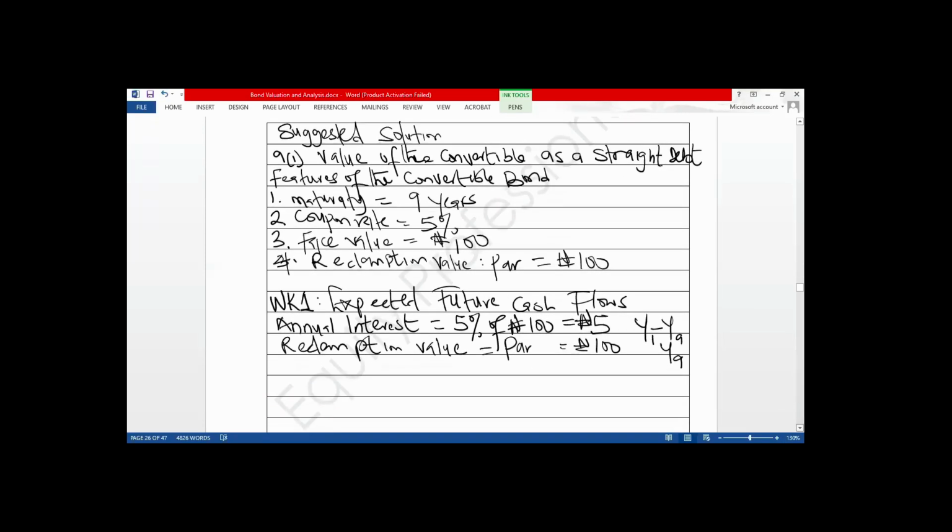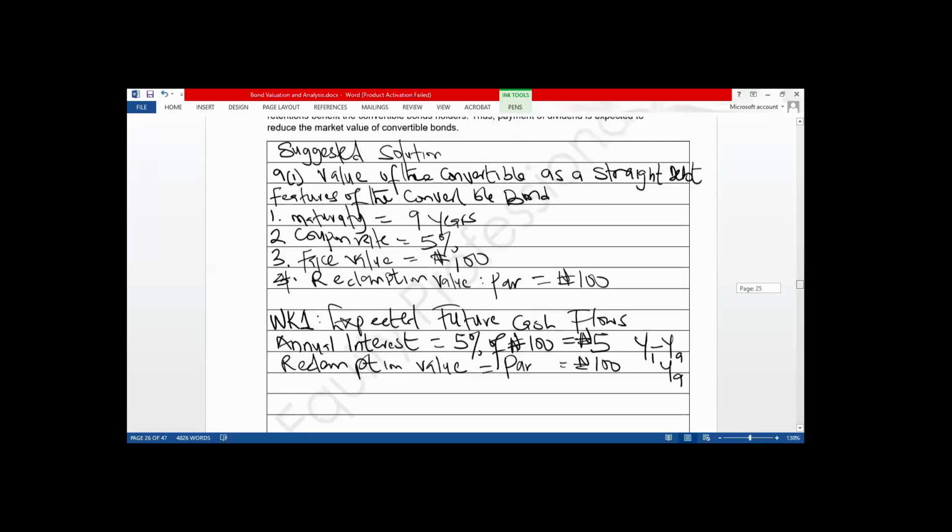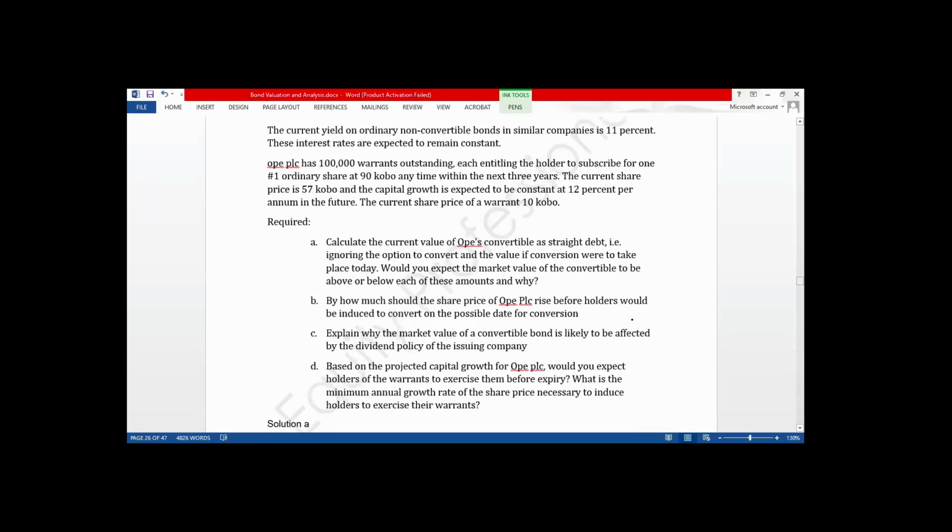If you check the question, examiner says the yield on non-convertible bond is 11%. Let's refer to that aspect. Look at it, please.